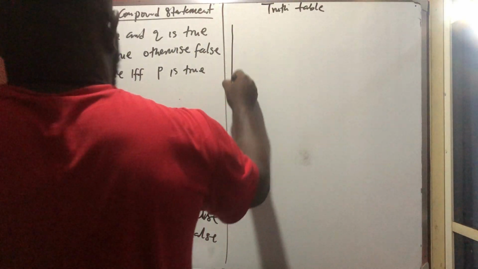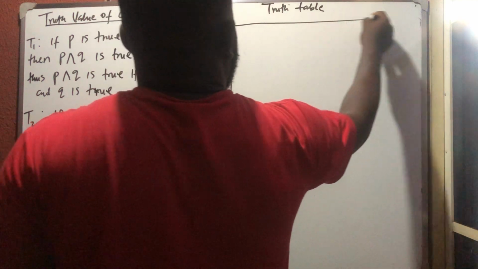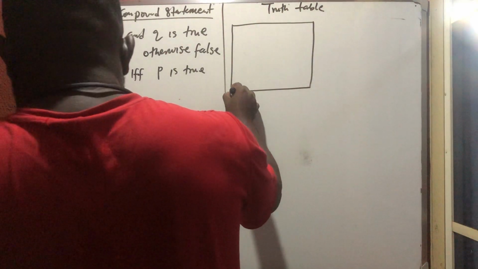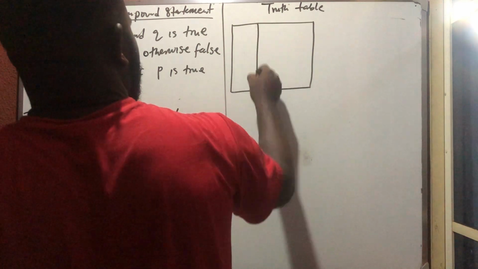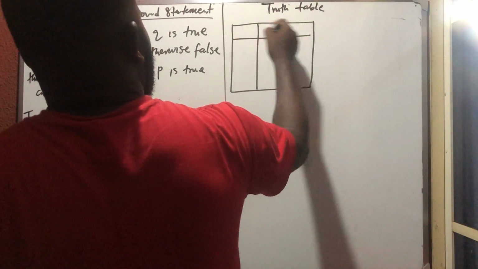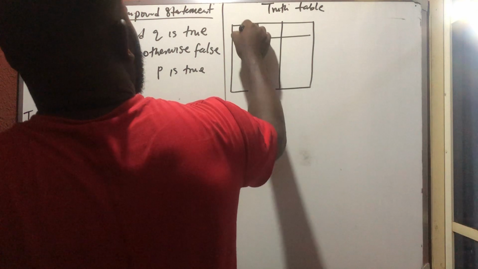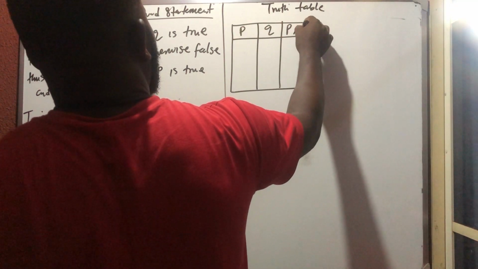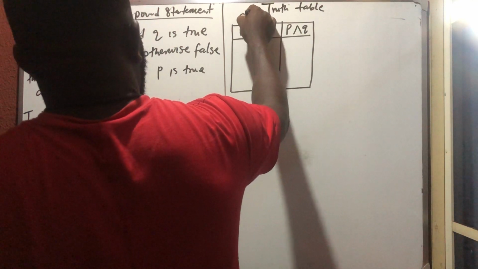Now, I'm having my P. This is my P and Q. This is for conjunction.